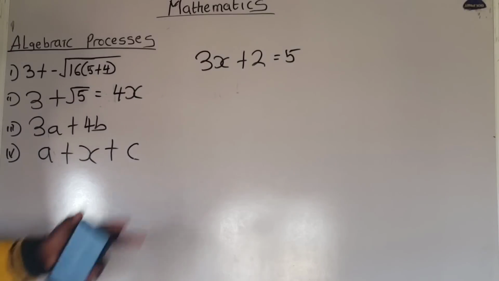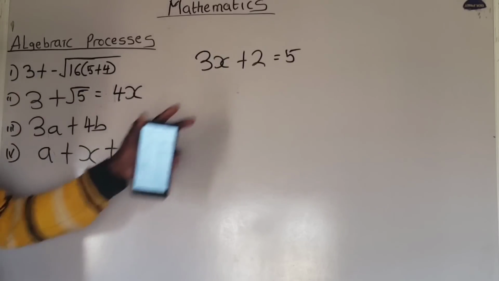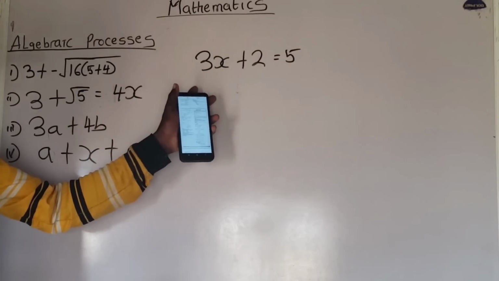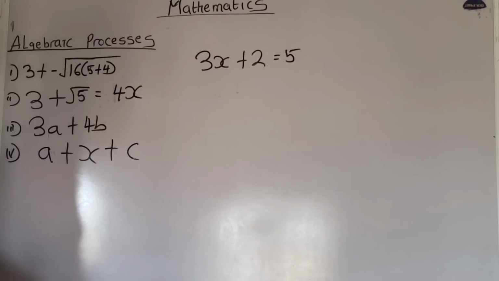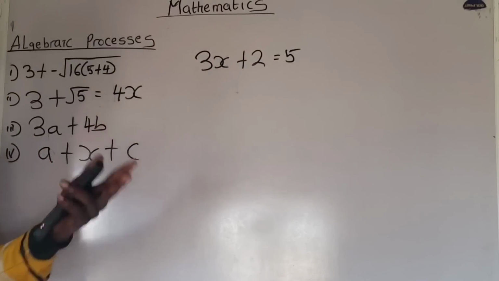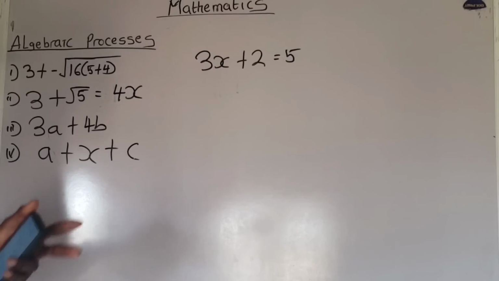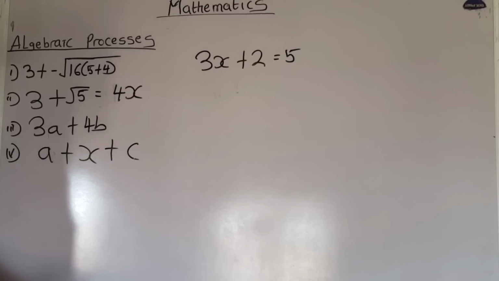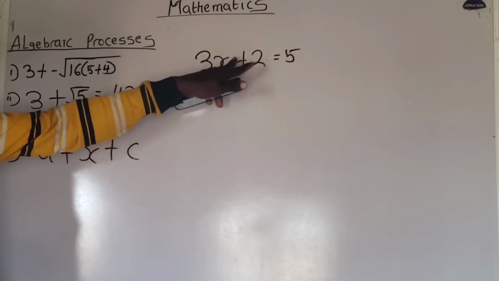Do you understand? This is a simple linear equation because the highest degree of the unknown is what? 1. What's the unknown in this equation? The unknown in this expression is x. Now, the highest power, the highest exponent of x, is what? 1.